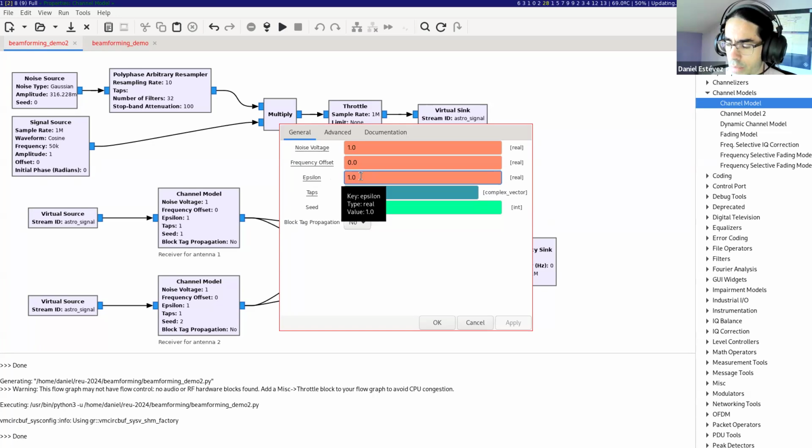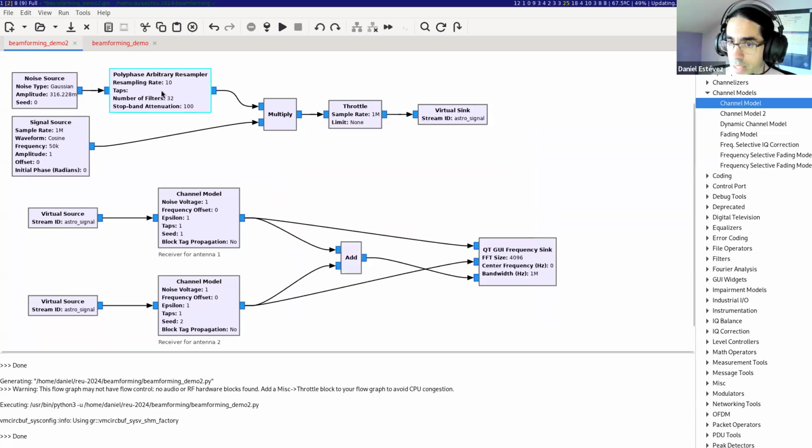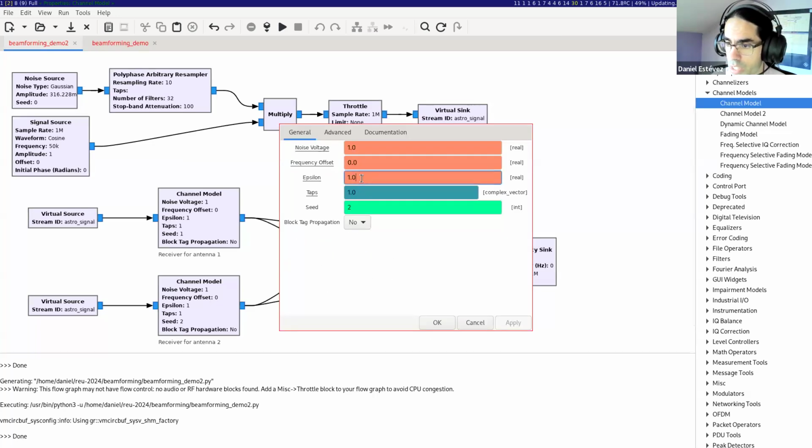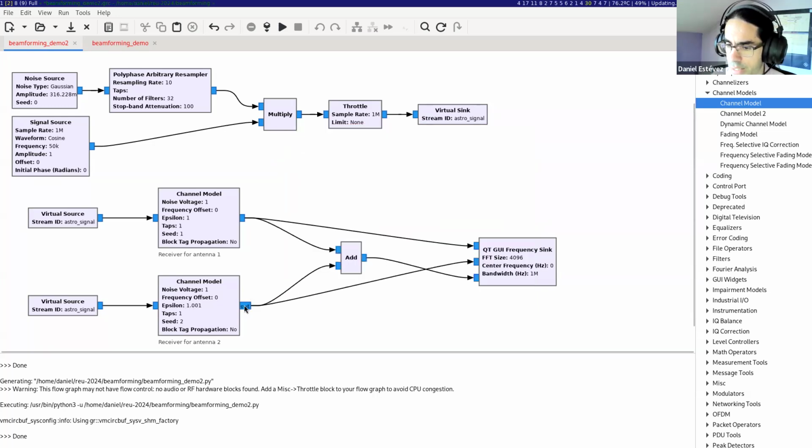The units are the same as in the resampling rate. So this is how many output samples are produced for each input sample. And by using that, we control the delay. So for example, if I set this to something like this, what is going to happen is that this is generating slightly more samples than this one.